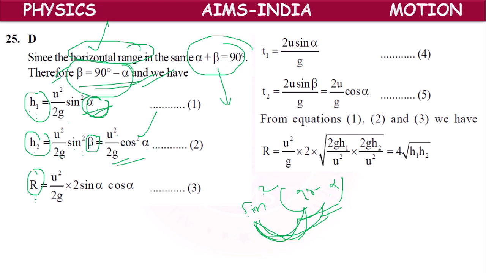So we have the formula for R. R equal to U square sin 2 theta by g.